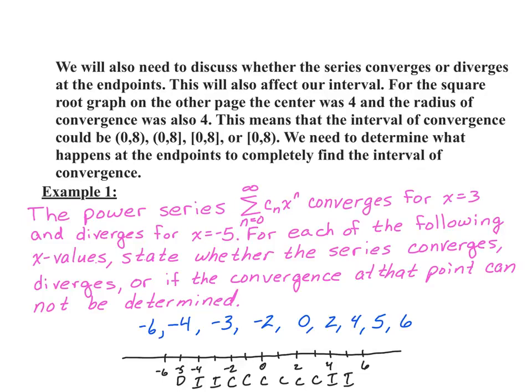Now, since it does diverge at -5, that is at most what our radius could be, from 0 to 5, -5 and +5. That's at most what the radius of convergence is, which means everything outside of that has to diverge. So at -6 and at +6, it must diverge.